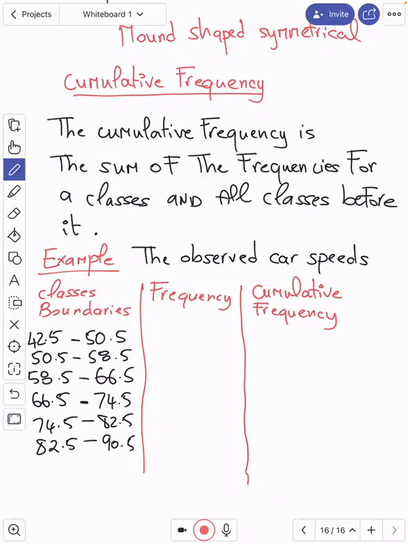Anyway, for the frequency of the first class, it's 1, 0, then we had 1, then 6, 8, and then 8. Okay.